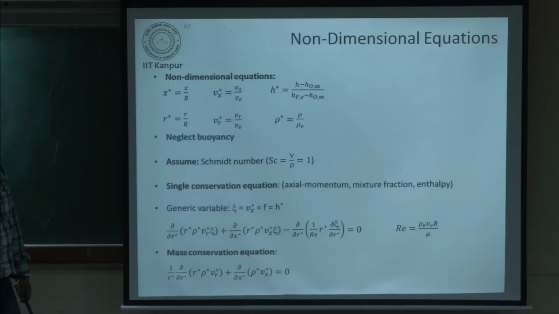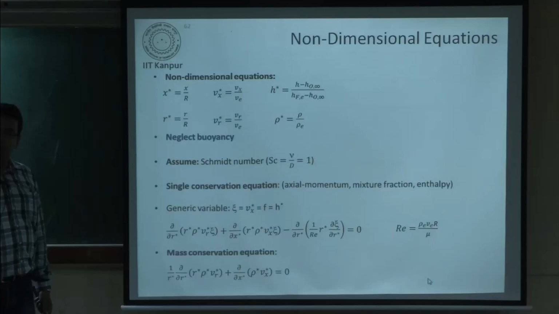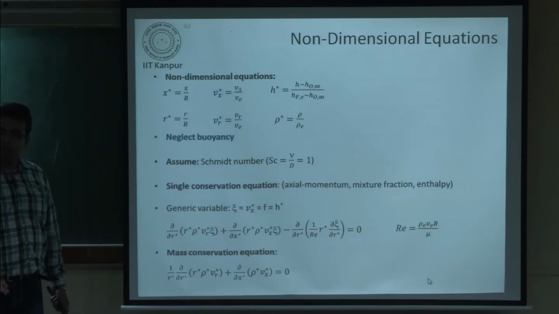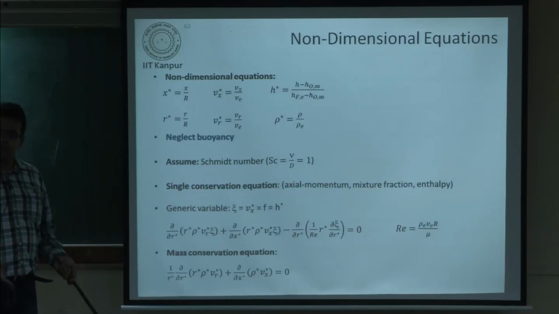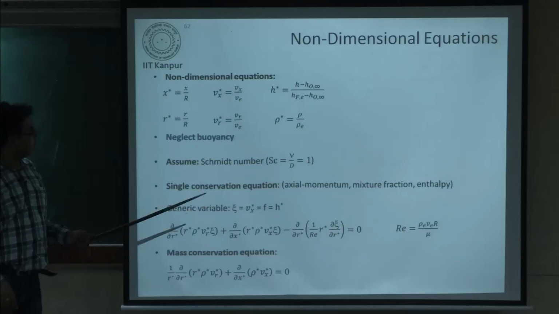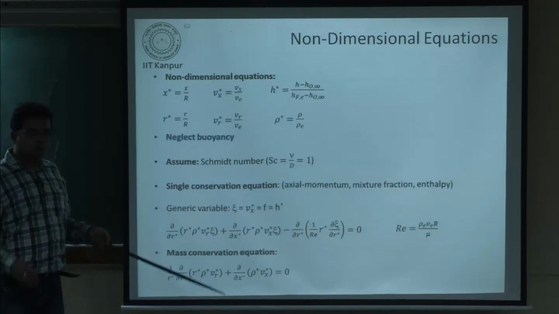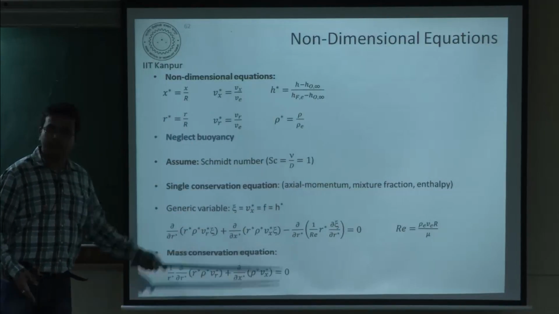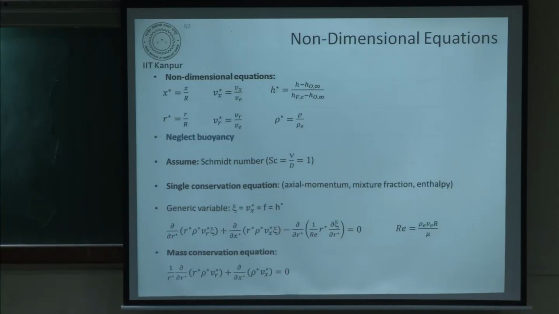Okay. So now we have done some simplifications, and we have arrived at the transport equations of the axial momentum, and then the mass fractions equations, and then the mixture fraction and the standardized enthalpy. And if you normalize this in this fashion, all these equations will collapse to a single equation. Okay.